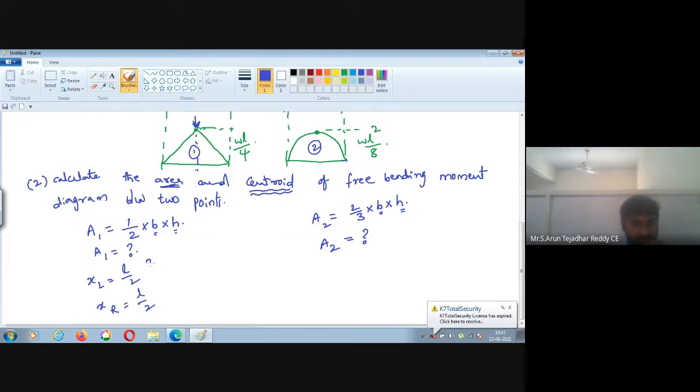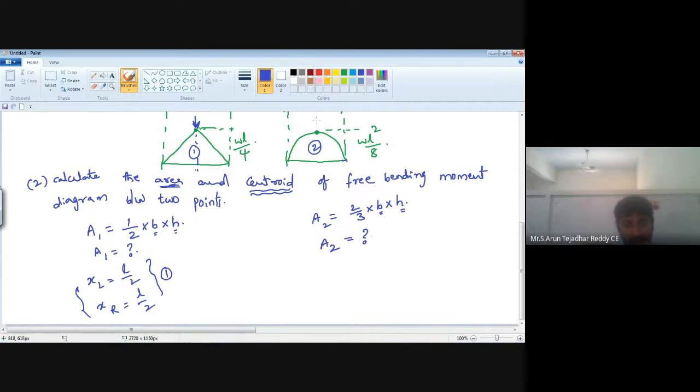So this is the centroid of the first free bending moment diagram. Now in the parabolic diagram, here also the centroid is at the middle of the span. It means the centroid of the left side is L by 2 and the centroid of the right side is L by 2.